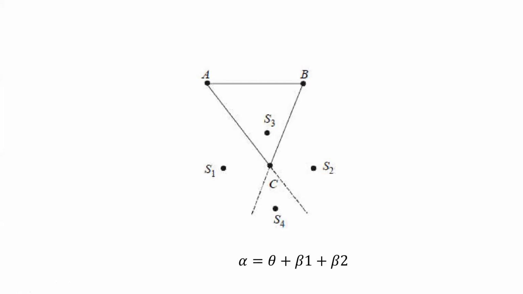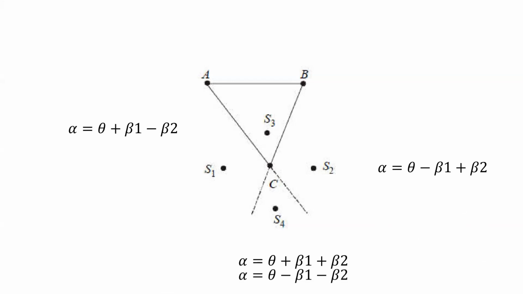If the satellite station is to the left, the value alpha will be equal to theta plus beta 1 minus beta 2. If it is to the right, it will be theta minus beta 1 plus beta 2. To the top, it will be minus theta minus beta 1 minus beta 2. And the bottom or the downwards, it will be plus beta 1 plus beta 2.